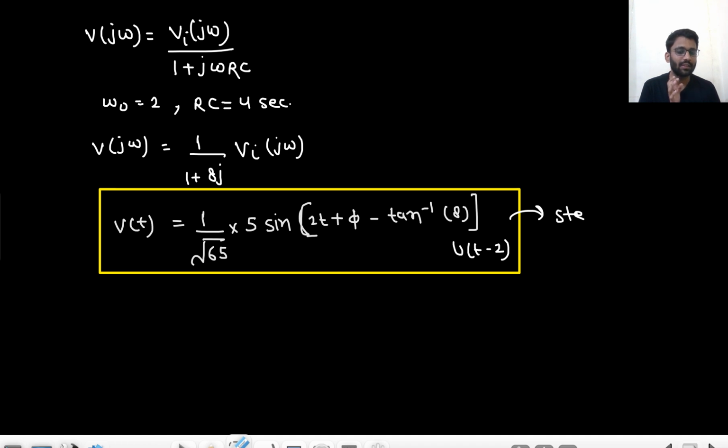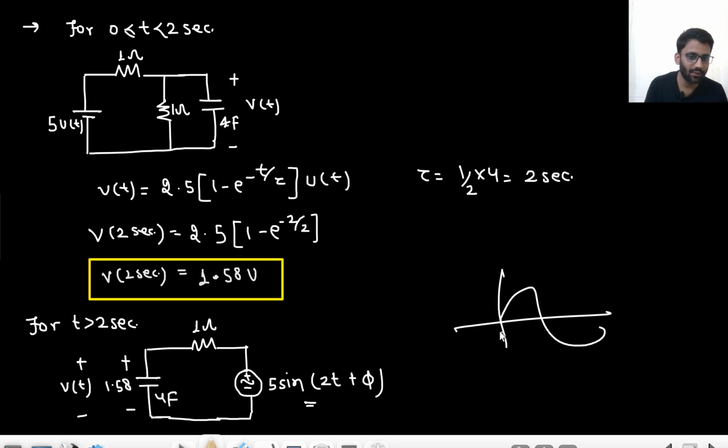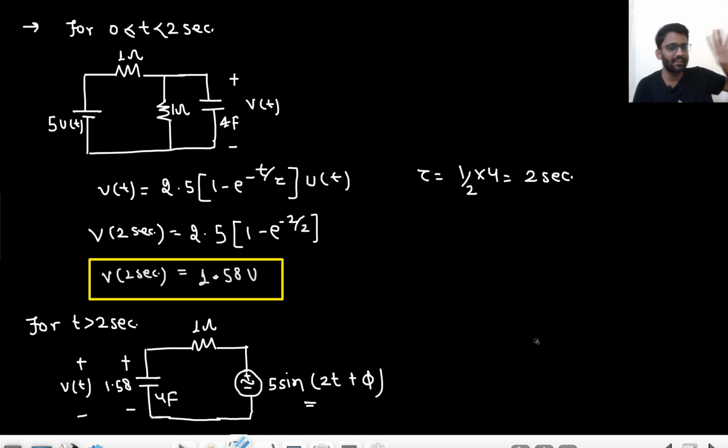Because what does the RC circuit see? The RC circuit will see only 5 sine 2t plus 5. No t equals 2 seconds, nothing matters to it. Whatever the input is applied, this input is starting from t equals 0, not from t equals 2 seconds. So it will see this input, and based on that it will give me a transient and final steady state response.